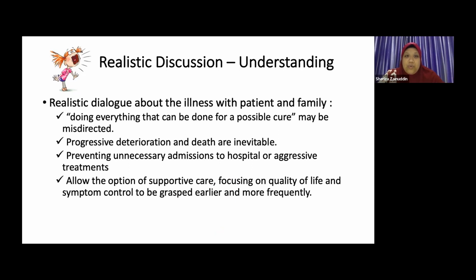However, what we can do is prevent unnecessary admission to hospital or even aggressive treatments that may not benefit the patient. We allow the options of supportive care focusing on quality of life and symptom control, and this can be done early and also frequently reviewed.